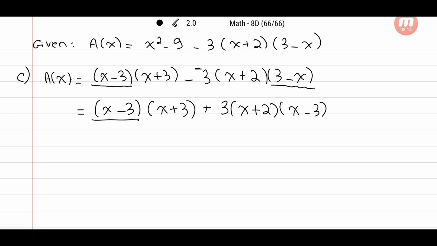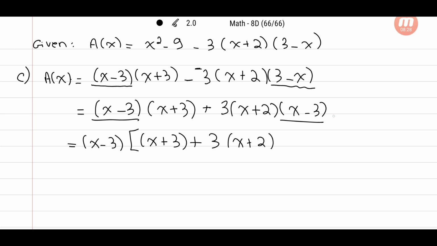Now I have x − 3 as a common factor. Open brackets. x − 3 divided by x − 3, they cancel. I'm left with (x + 3) + 3(x + 2), and x − 3 cancels with x − 3.